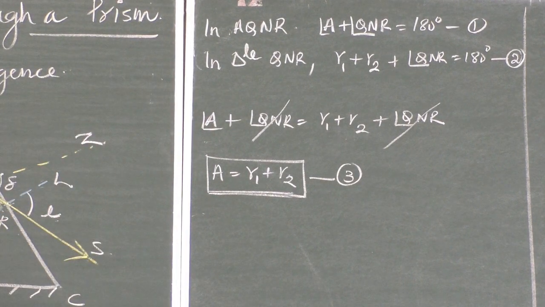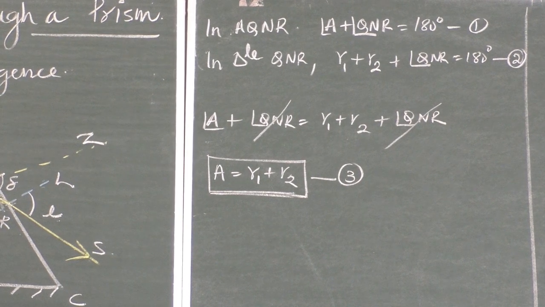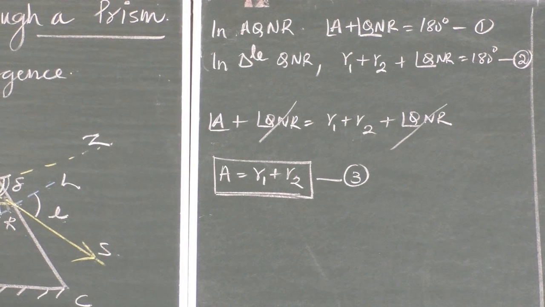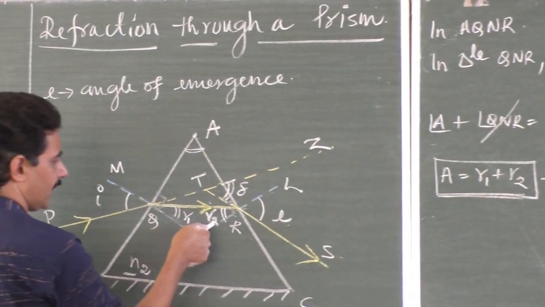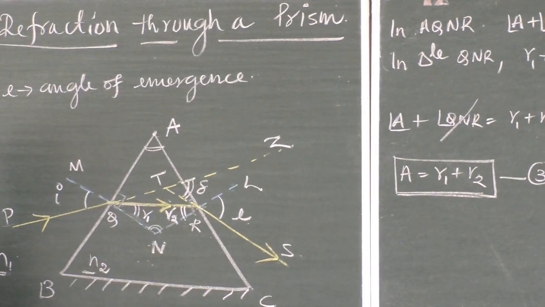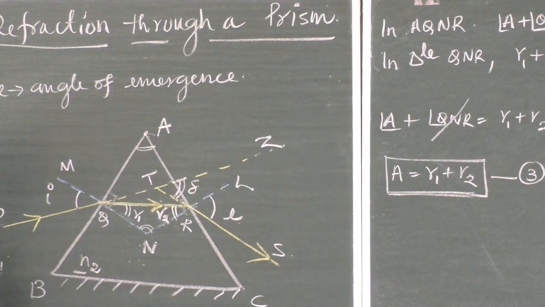So now what did you get here? Simply don't learn the formula by heart because that won't serve the purpose. See what relation we have got. What are the angles of the prism inside? One is angle of refraction 1, one refraction 2, and angle of the prism. These three angles we get inside the prism. The angle of the prism must be the sum of the two refracting angles. You can easily remember it.